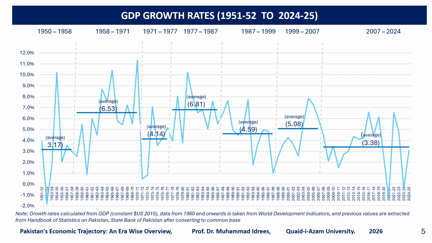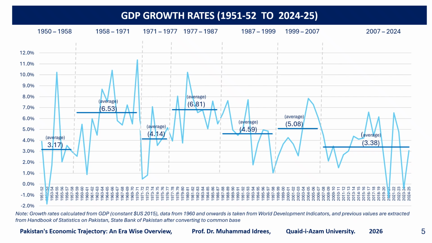Another interesting finding is this, that the three military regimes had relatively higher growth rates. For example, during the first military regime, the average annual GDP growth rate was 6.53. During the second military regime, the average annual growth rates were 6.81.